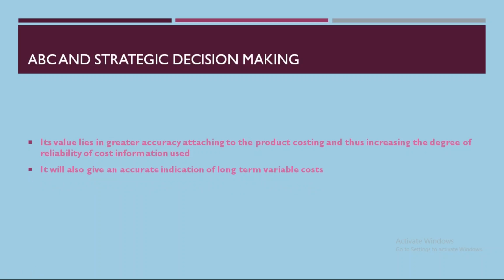And also we have to remember that some of the variable costs, what we think as variable costs, are not always variable in the short term. Or sometimes not all the costs we think are fixed are very fixed in the long term. So the cost behavior can be understood through a very good activity-based costing.